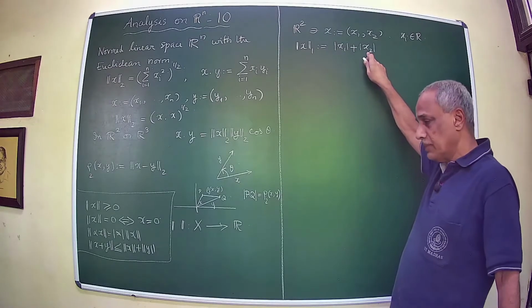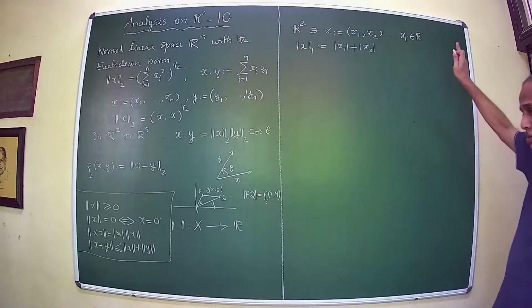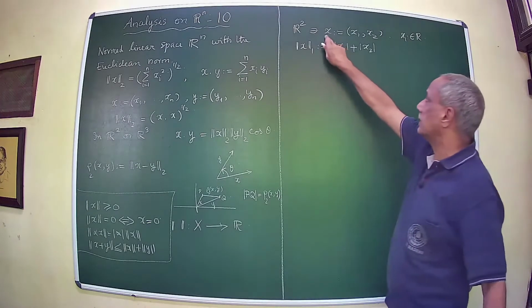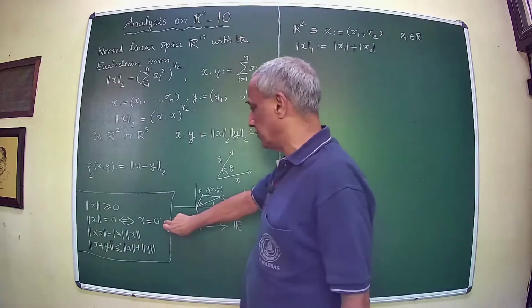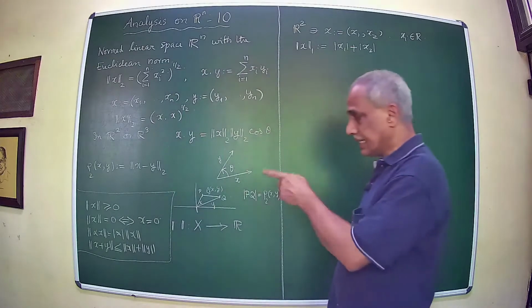And for real numbers, this implies x1 equal to 0, x2 equal to 0. In other words, x is equal to the vector 0, 0. So this is satisfied, and you can easily show that this is if and only if.